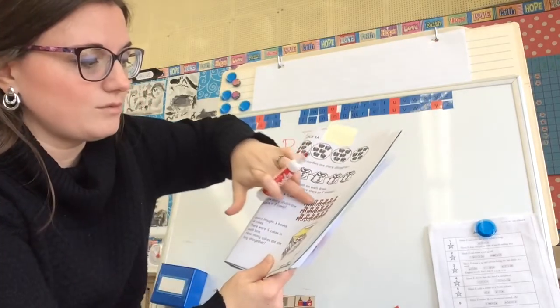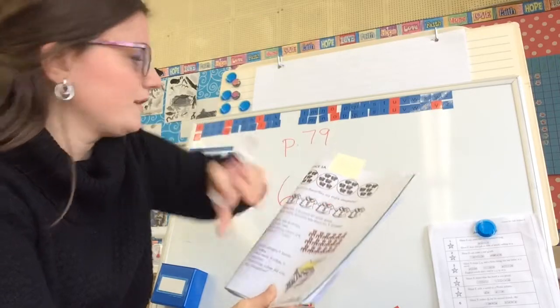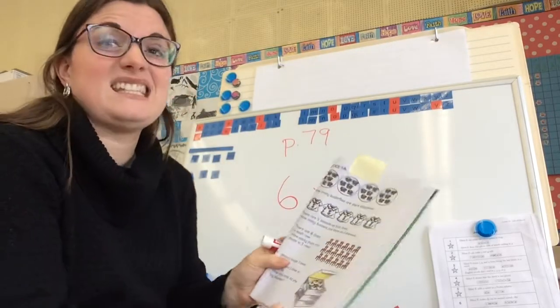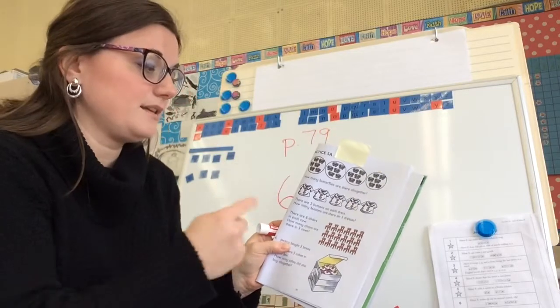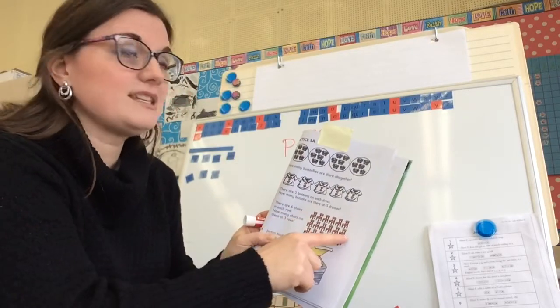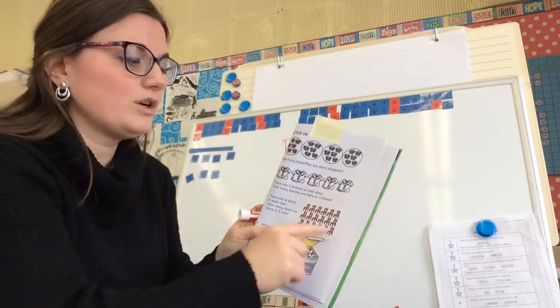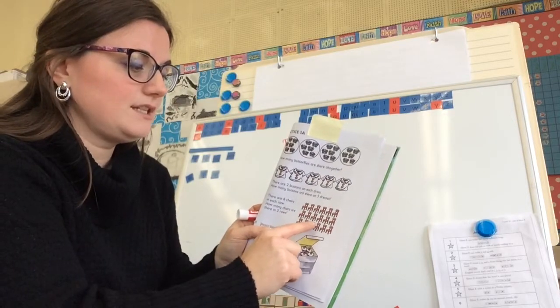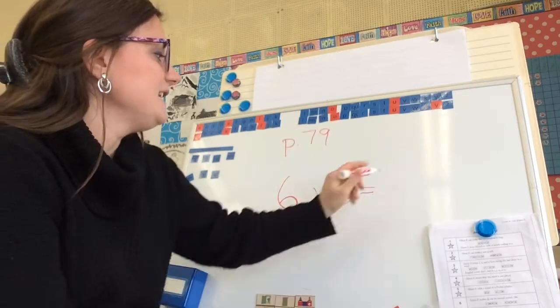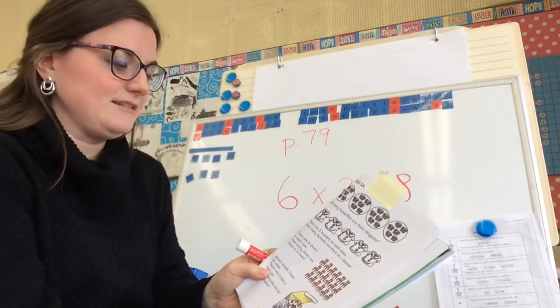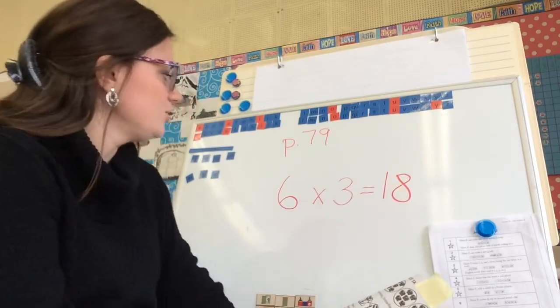Rows go across. 1, 2, 3. Okay, so I go back to 6 plus 6 is 2 groups of them. So 6 plus another 6 is 12. And then I just need to count one more group. 13, 14, 15, 16, 17, 18. 6 times 3 is 18. So there are 18 chairs.